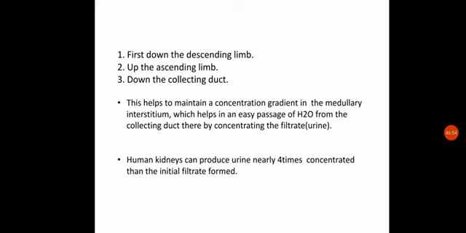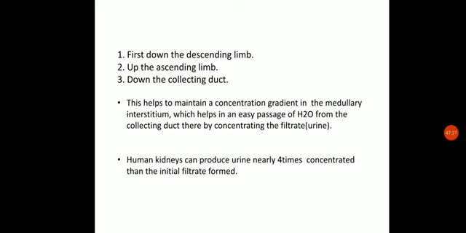During the passage of the fluid through different regions, reabsorption takes place and makes the filtrate much more concentrated. This whole process is responsible for 2 things. First, it prevents water loss from the body, and hence saves the body from dehydration.